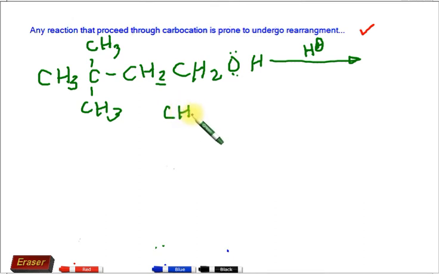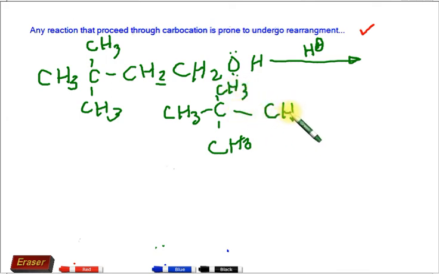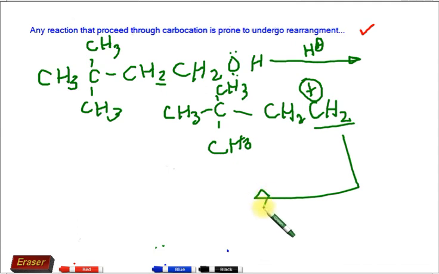This is now a primary carbocation, right? So you can see there is a chance to make a hydride shift and become a secondary carbocation. The charge will shift from here to here, and then from secondary there is a chance to make tertiary by methyl shift.